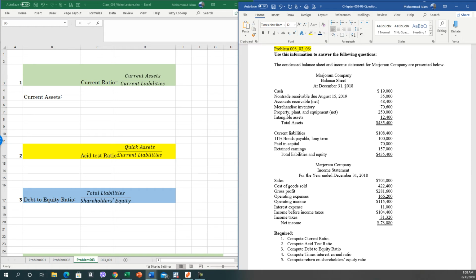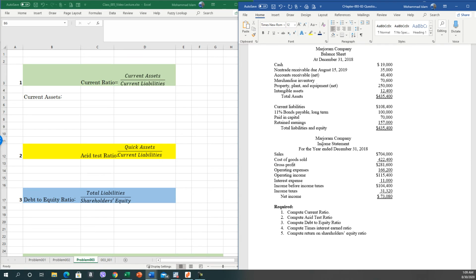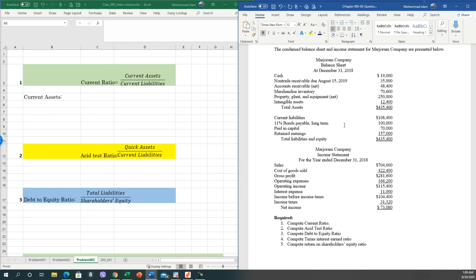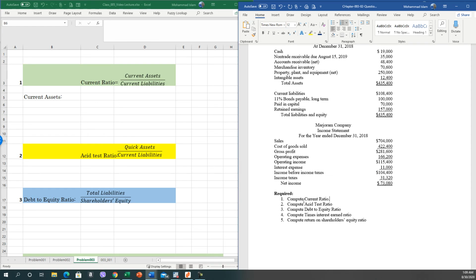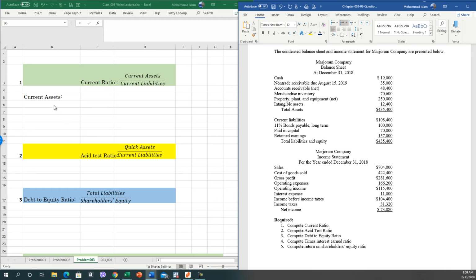In this problem we are given a balance sheet on December 31st, 2018, with the total liabilities and equity, and an income statement with the net income. From these we are required to calculate the current ratio, acid test ratio, debt to equity ratio, times interest earned ratio, and the return on shareholders' equity ratio. So let's go to the solutions.